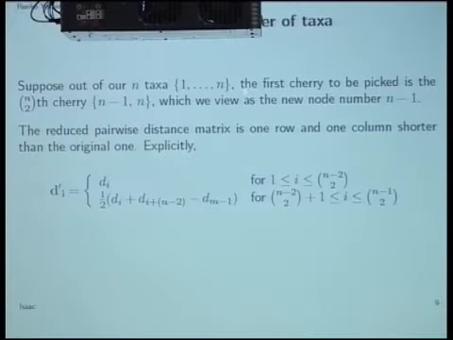So now we are trying to reduce the number of taxa, and without loss of generality, we assume that we pick the cherry n minus 1 and n, and then we put the new node that is n minus 1. This is an explicit formula for this guy, and the reduced pairwise distance matrix has 1 row and 1 column less.